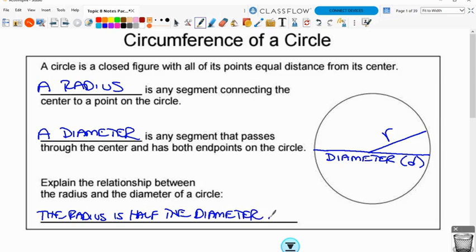Okay, since the radius goes from the center to a point on the circle, that would be half the amount of the diameter. So R is equal to the diameter divided by 2.